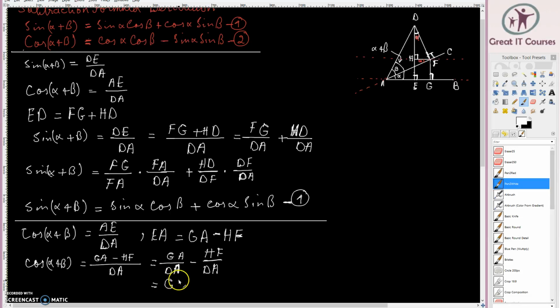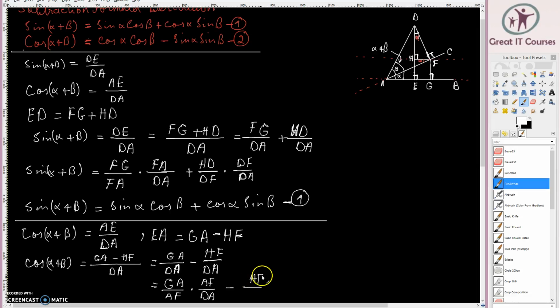So if you write GA over AF into, then again multiply into AF over dA, minus here you can basically divide and multiply by DF.